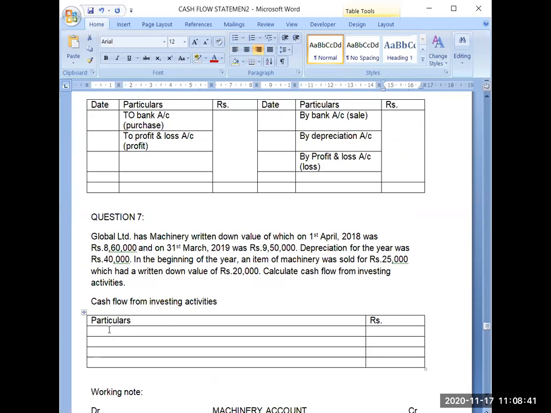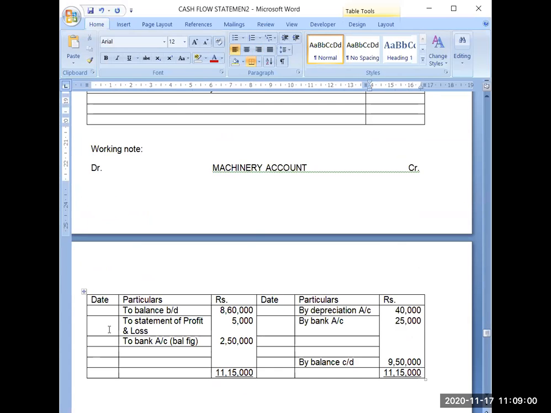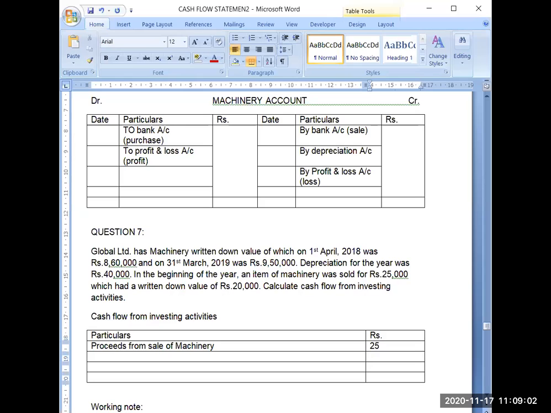So for that reason, we will now calculate cash flow from investing activity. Proceeds from sale of machinery, and the proceeds are 25,000. This is an inflow.